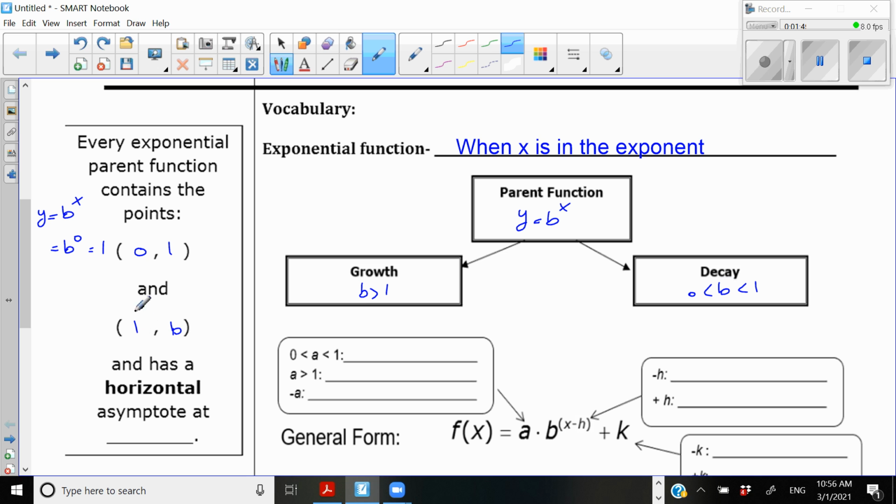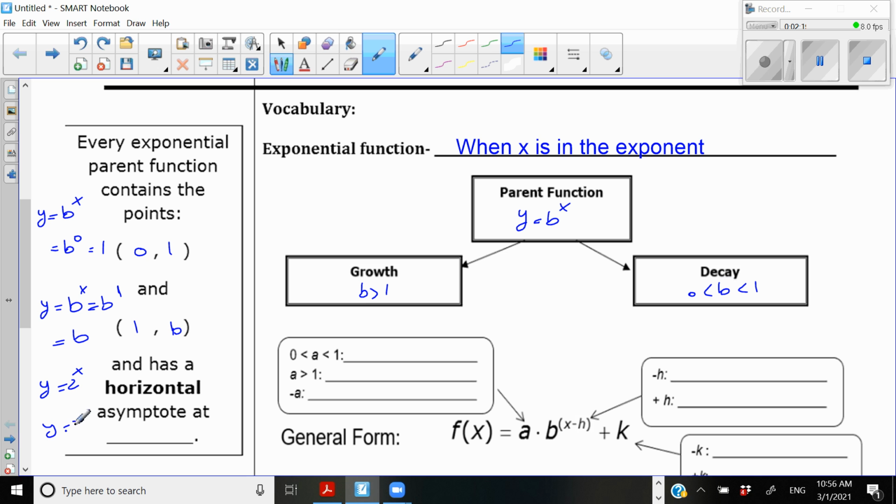The other one, x is 1 here. So the function will be y equals b to the power of x, which is b to the power of 1. And we know anything to the power of 1 is always equal to the base. B to the power 1 is the base. So no matter what my base is, I always have (1, b) in our function. Like if the function is y equals 2 to the power of x, we have (1, 2).